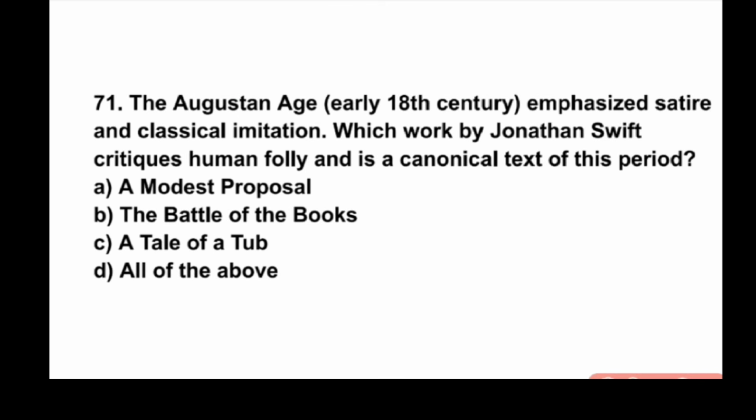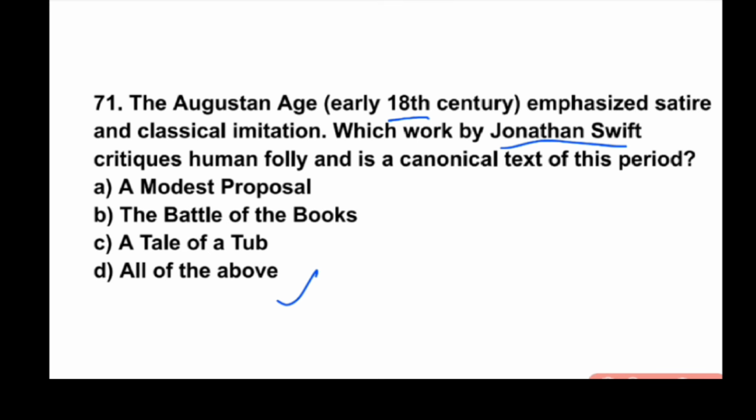The Augustan Age, 18th century, emphasized satire and classical imitation. Which work by Jonathan Swift critiques human folly and is a canonical text of this period? A Modest Proposal, The Battle of the Books, A Tale of a Tub.